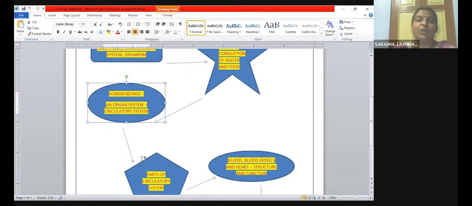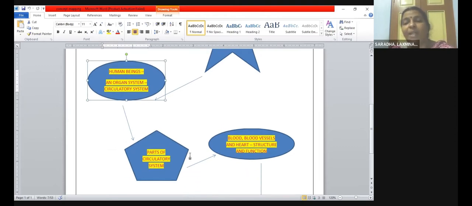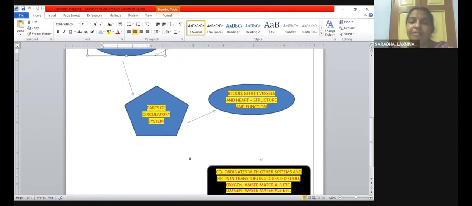Then in the circulatory system, we speak about its parts: the blood, the fluid that is a transporting medium, the blood vessels, and the main structure, the pumping organ, which is the heart. These are the main parts of the human circulatory system and their functions.